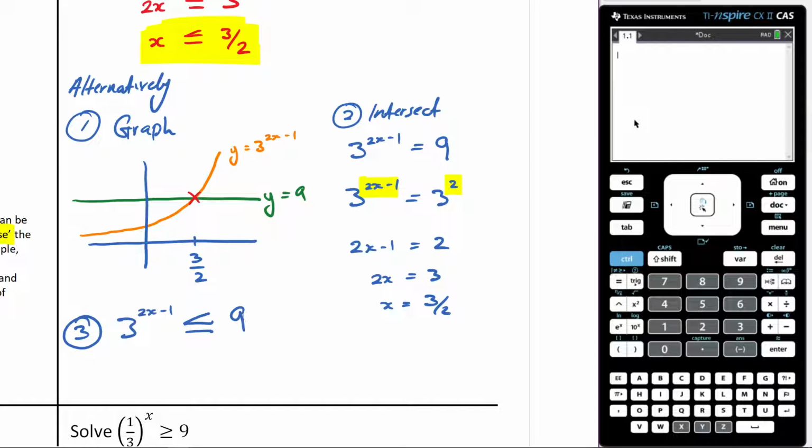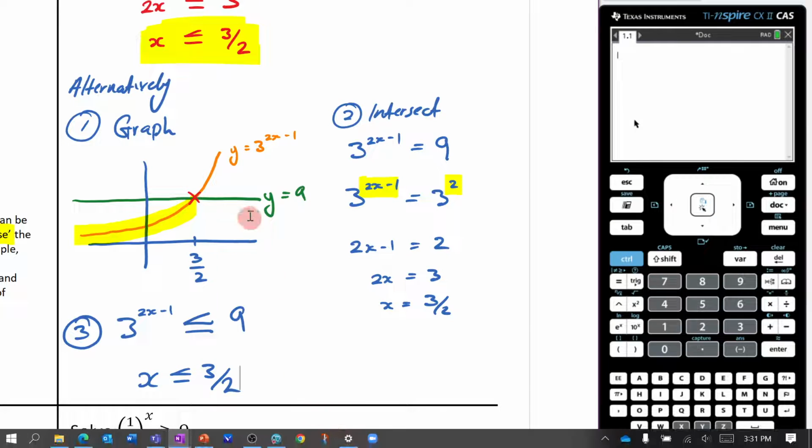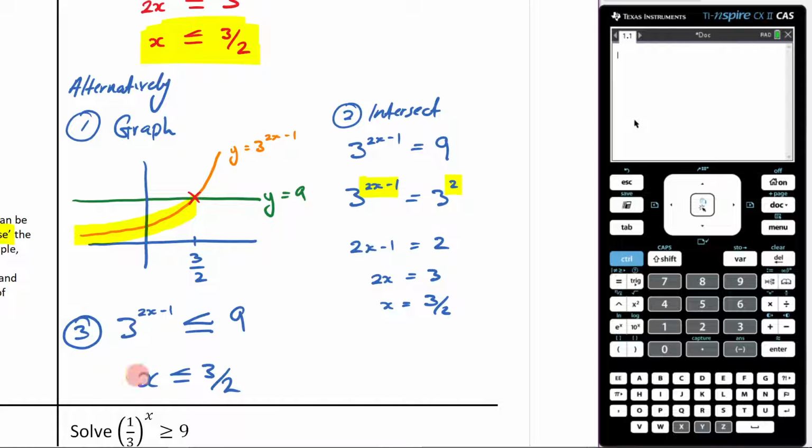Well, hopefully you can see, where is the orange line beneath the green line? It's for this portion here. So that means whenever I have x values that are less than 3 on 2, I'm going to get out values less than 9. That right there is going to be my answer. So let me highlight it. That right there is my answer.